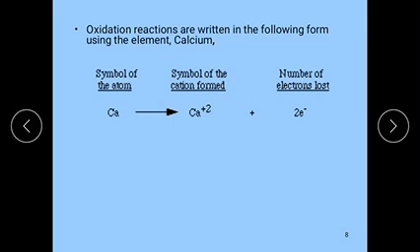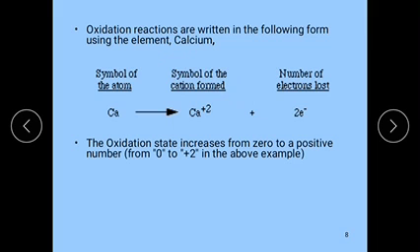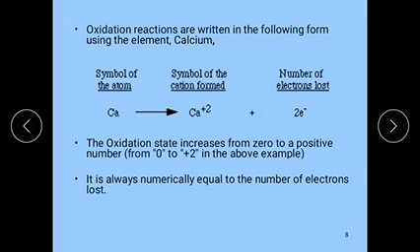The charge is always equal to the total number of lost electrons in a chemical reaction.